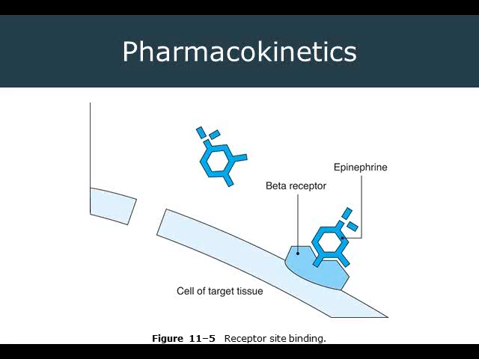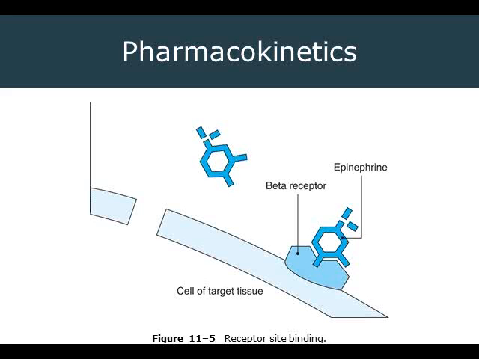It finds that beta receptor, it plugs in and says, cool, let's go to work. So sometimes we have agonists that have a greater efficacy, or they like something better. So agonists are pro, antagonists are against. And when one agonist has a greater effect than another, it has a greater efficacy.